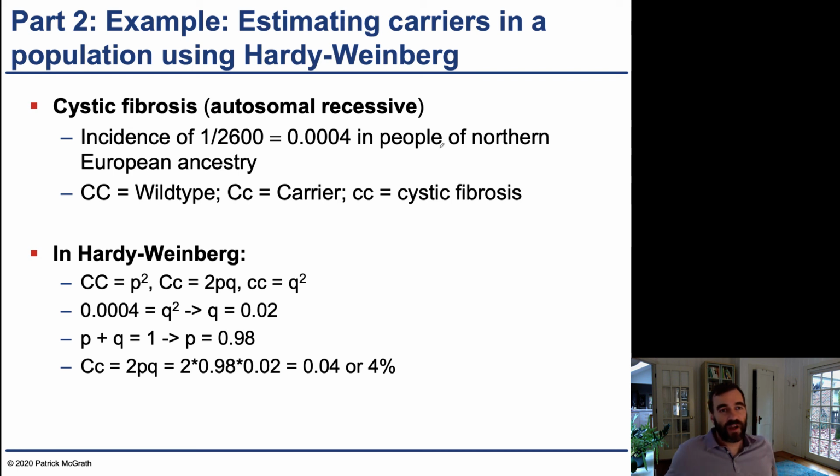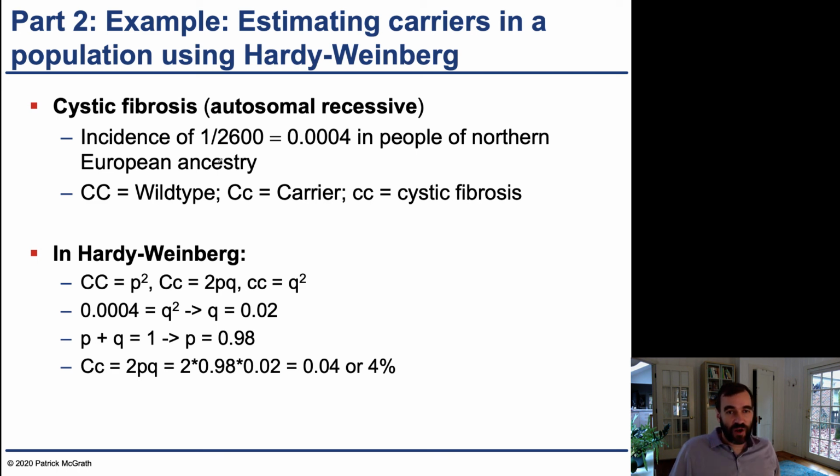All right, one final example of how we can use Hardy-Weinberg in human populations. Cystic fibrosis is an autosomal recessive disease. We've analyzed all of these pedigrees, and by analysis of the pedigrees, those were all consistent with an autosomal recessive disease like we discussed in previous chapters.